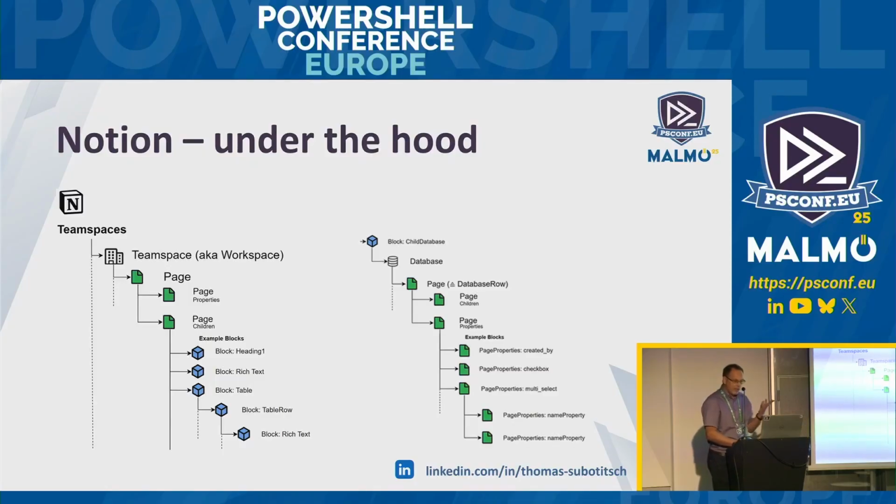So the top level is the workspace, and underneath you find the pages itself, and the page can contain blocks, and blocks are a header, a text block, rich texts, or a table, or other things.